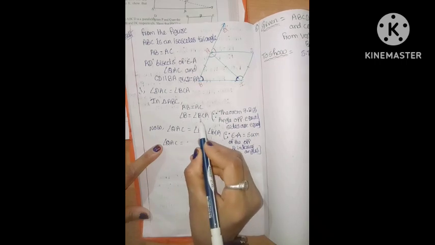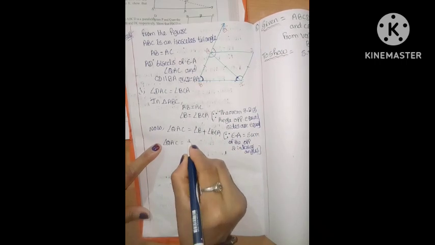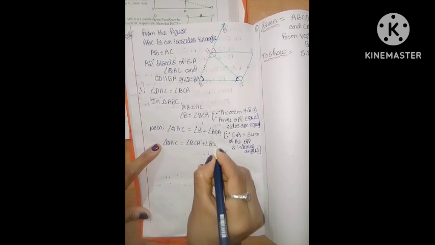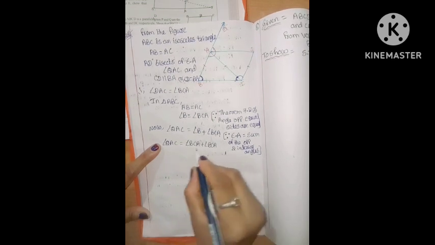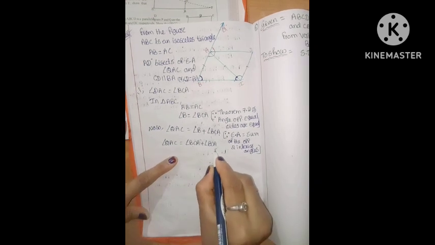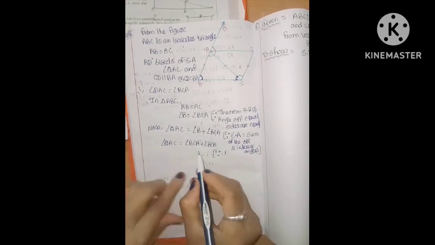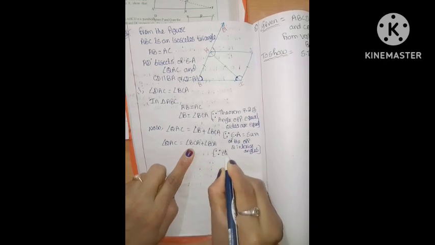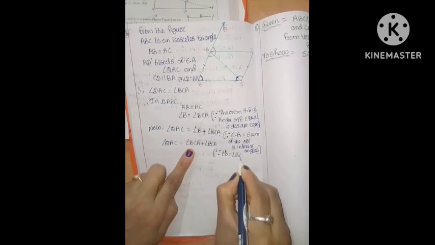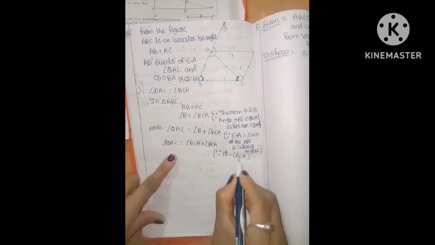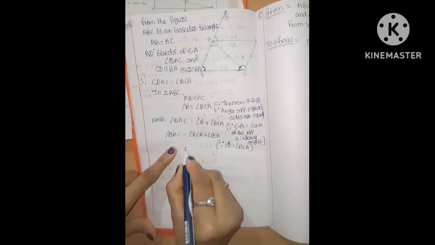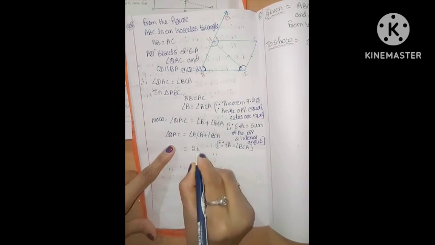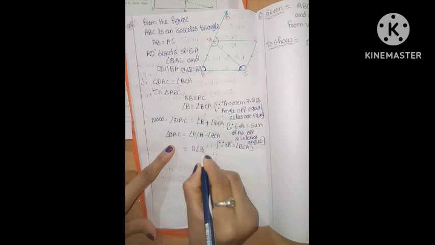In place of angle B you write angle BCA, since angle B is equal to angle BCA. Are you clear? Angle BCA plus angle BCA is nothing but 2 angle BCA. Okay, are you clear?